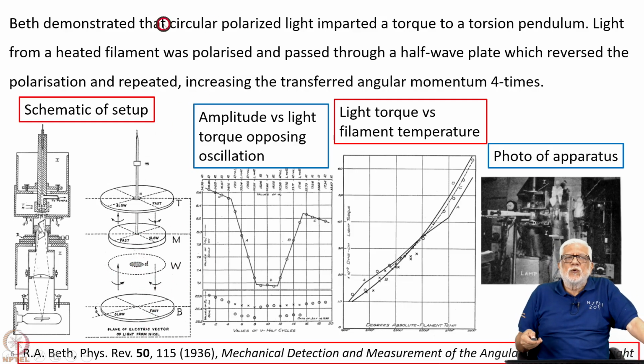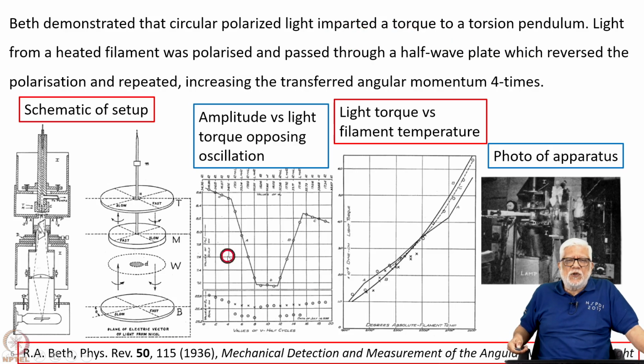You impart a torque to a torsion pendulum, in a direction opposite to the restoring torque, so you actually decrease the amplitude. This light has angular momentum, and this is the effect that was seen.